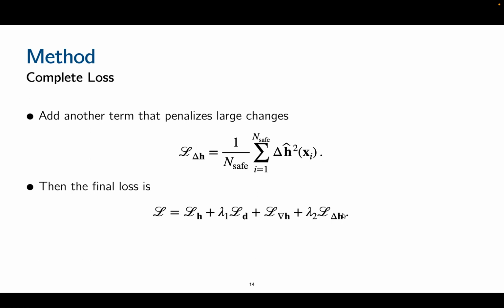By regulating the change introduced by delta H hat, we aim to only make the CBF values for the safe states positive while keeping the unsafe states negative. To achieve that, we add another loss function, L delta H, which penalizes the change. And then the final loss function is simply a weighted sum of all these 4 loss terms.